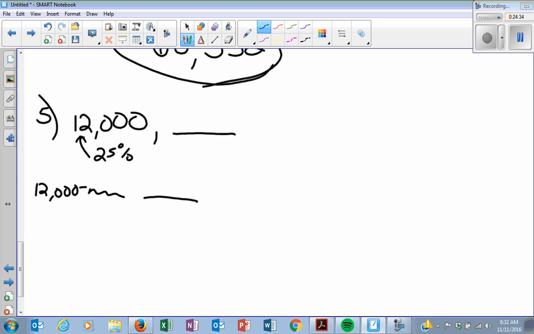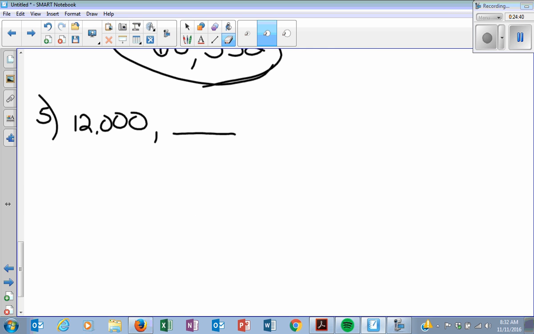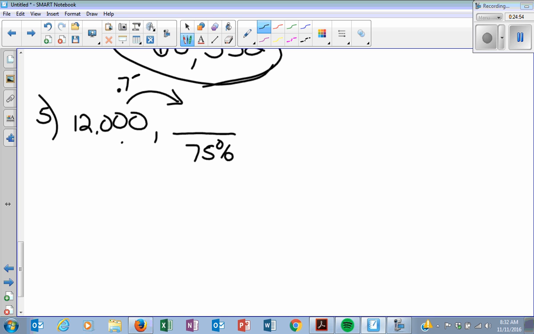That's really dumb. Because what I could have done is say, if I'm taking away 25%, I really know that what's left is going to be 75%. And all I have to do is take the 12,000 and times it by 0.75, and I'll get my new value.